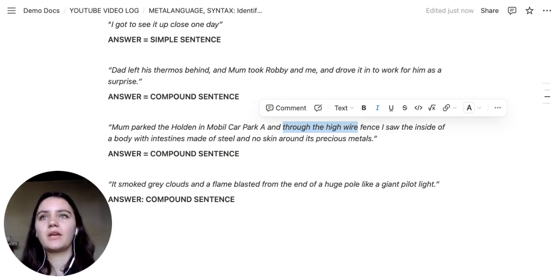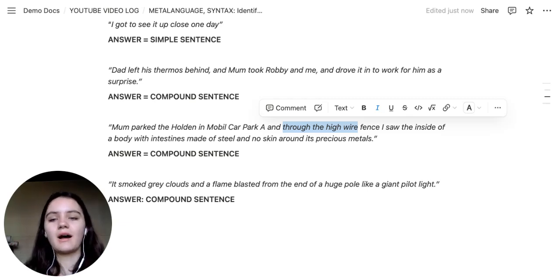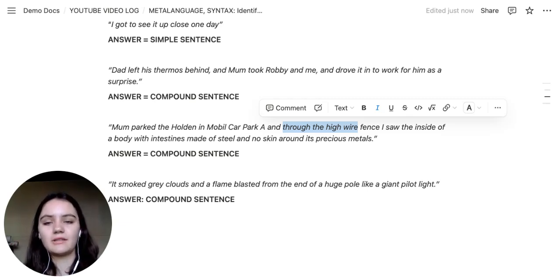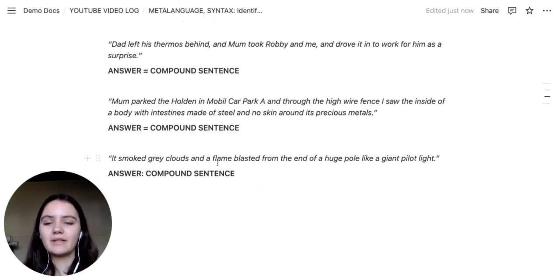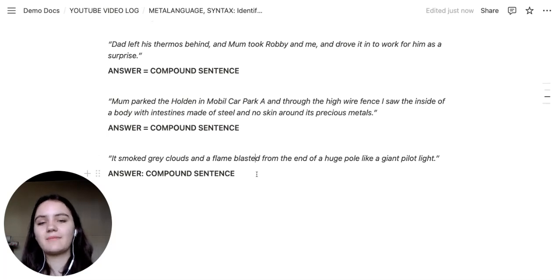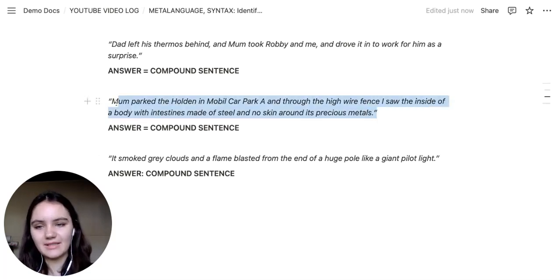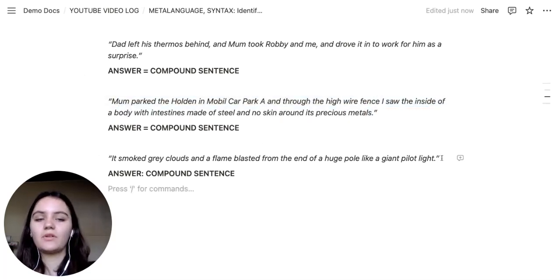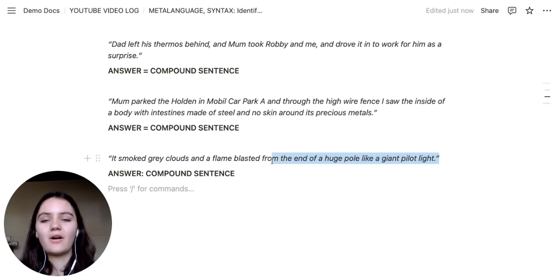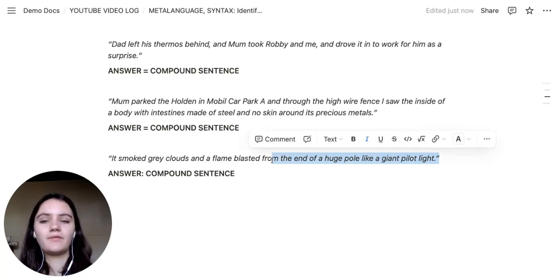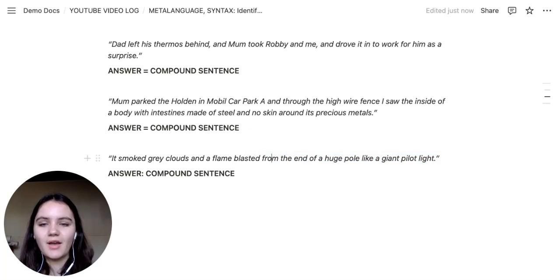So the reshuffling of these syntactic elements isn't necessarily changing the sentence structure. And then finally, we have "it smoked grey clouds, a flame blasted," once again being a compound sentence, similarly training us in an easier way than this harder sentence here, that we just need to ignore the noise of prepositional, adjectival, adverbial phrases.